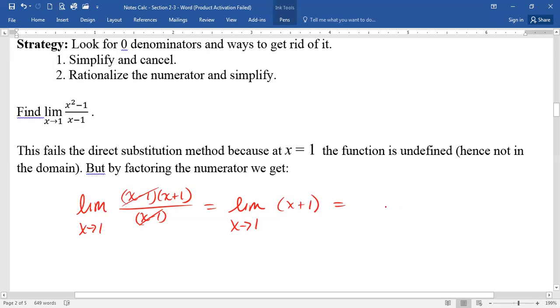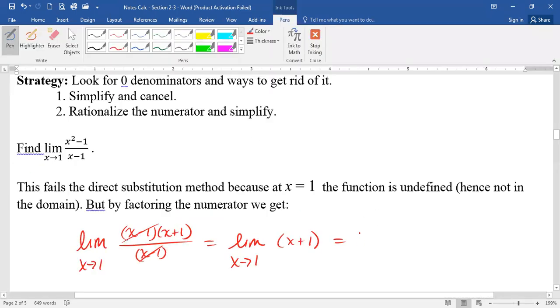Well, now I can plug it in, can't I? 1 plus 1, the limit is 2. I probably should have written that down. So we're just doing direct substitution, and we get 1 plus 1, which is 2, because we're just plugging in for the x.